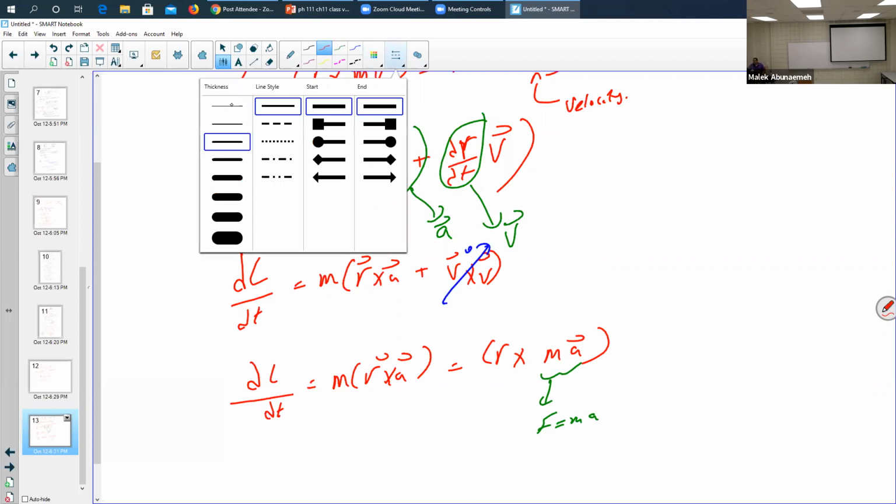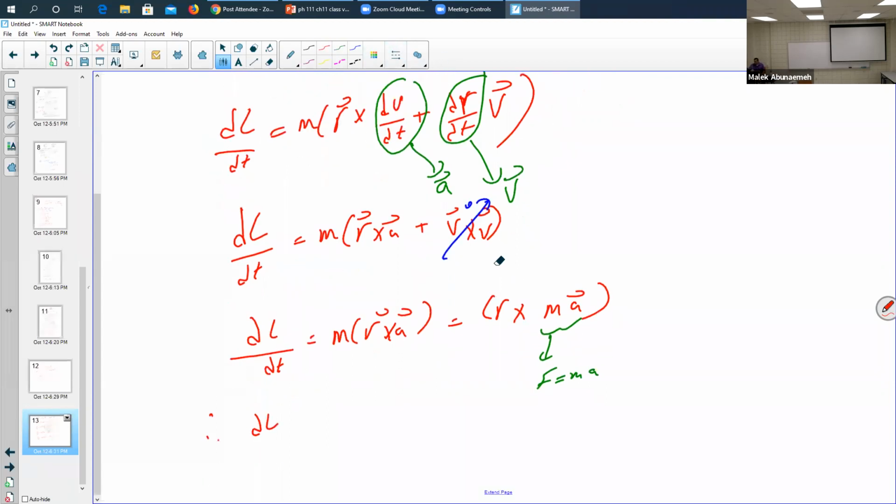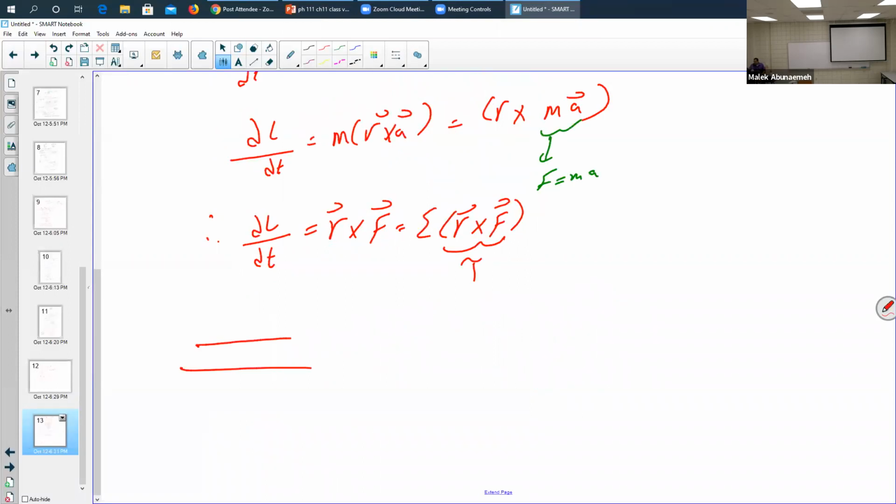That means your dL over your dt is going to equal r cross F, which is your summation of all the r's cross F's, which, again, is going to be your torque. So that means your torque is going to equal dL over your dt.